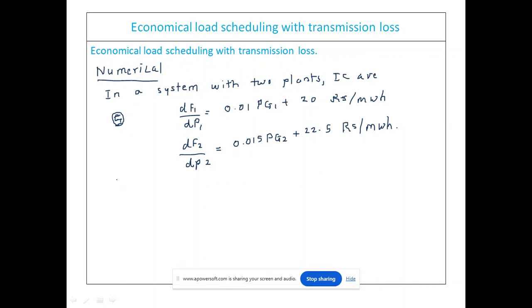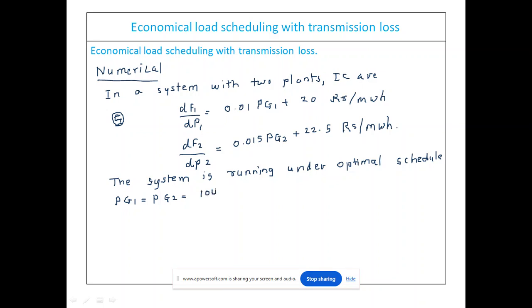Okay, they say the system is running under optimal scheduling with PG1 equal to PG2 equal to 100 megawatt.